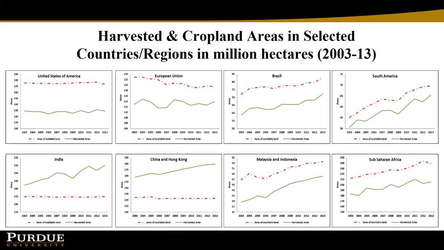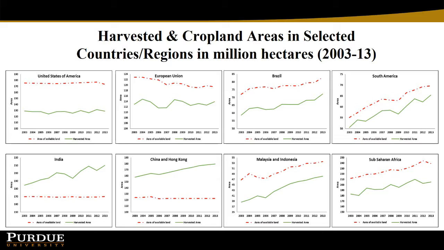And in the top figures, you see that available land is always higher than harvested area, and the difference is big. That shows unused land. You have lots of unused land in the US, and Madhu mentioned some of those categories. We have CRP land, cropland pasture, and other types of unused land.